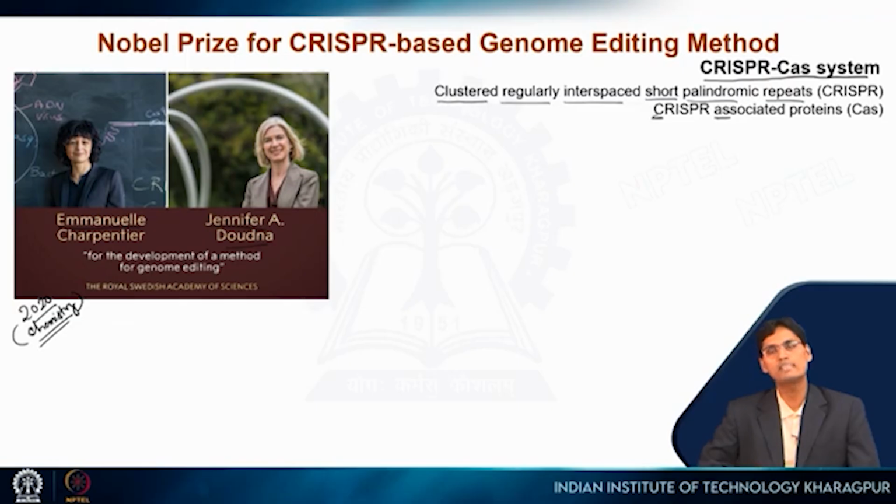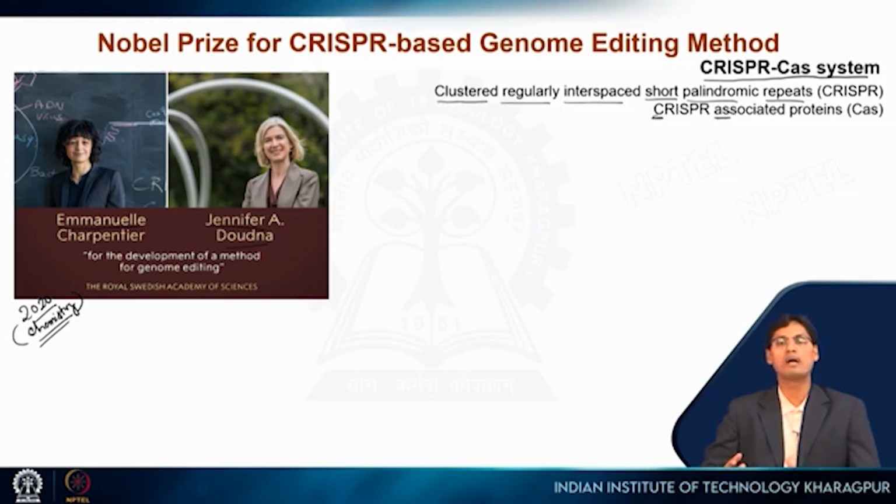But the bottom line is that bacteria naturally evolved this kind of system by themselves to get protection against phage virus. As I already mentioned in the first lecture, in living systems, because of evolution, most organisms solve most of their problems. So bacteria solved the problem of bacteriophage infection.